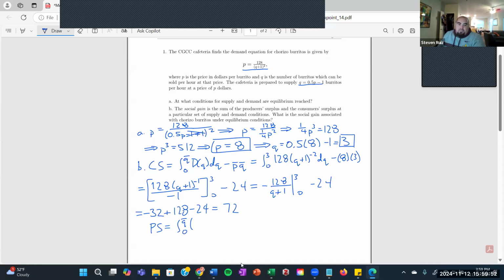Well, let me write down the interval first, and then we'll talk about kind of symbolically what this means. So we're looking for the area between these two curves, basically this horizontal level for what our price point represents and what the supply curve represents.